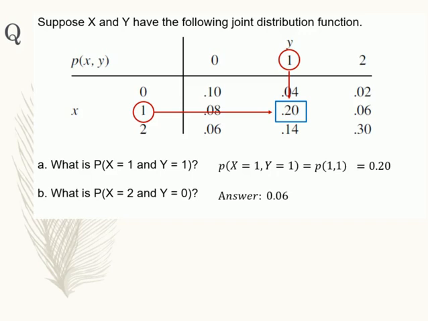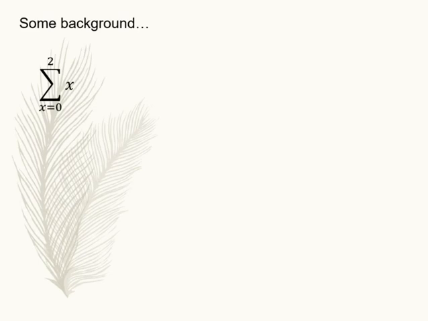Now, before we get on to the next part of that definition, I want to just highlight some background to make sure you understand the meaning of some of the notation. Suppose I asked you to find the sum of your x values from x equals 0 to x equals 2.